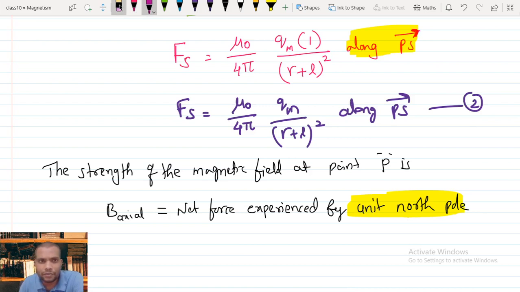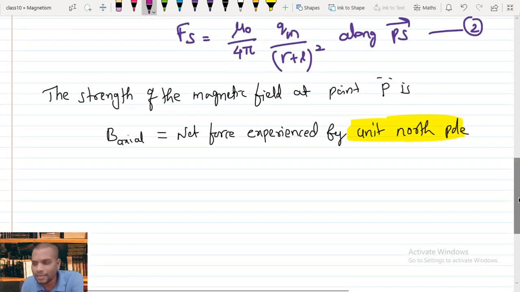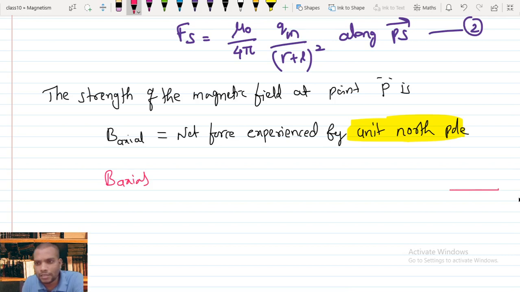So here the unit north pole helps us find the net force. To calculate the net force, these are the two vectors. We can subtract them vectorially, or use the head and tail method to get the net, but here I can do it directly. One force is along one direction, the other along the opposite direction, so we need to subtract: the force due to north minus the force due to south, Fn minus Fs.